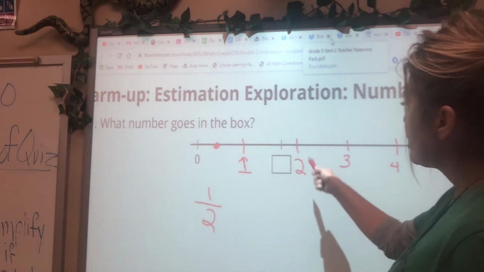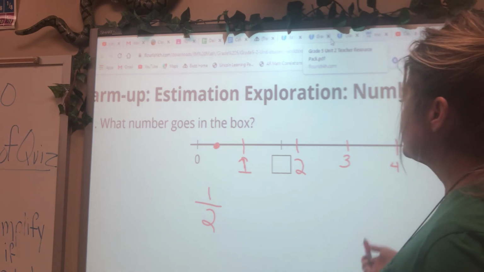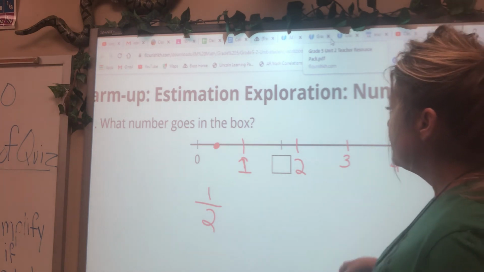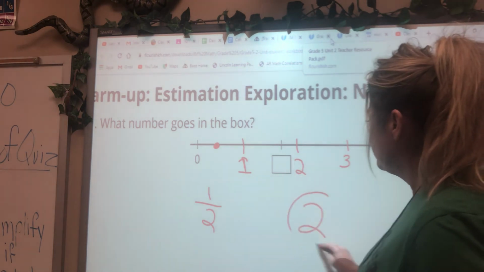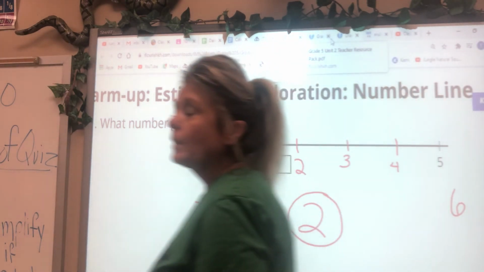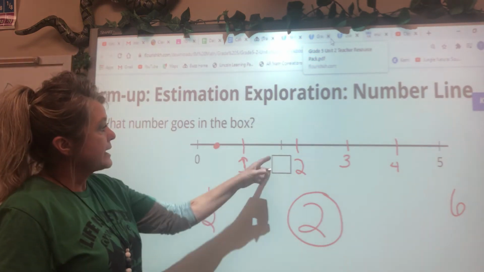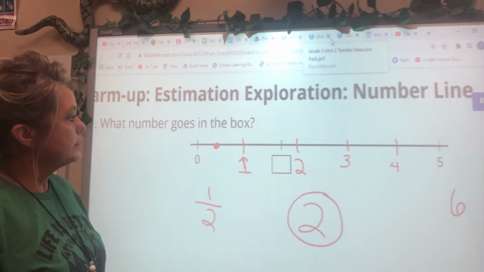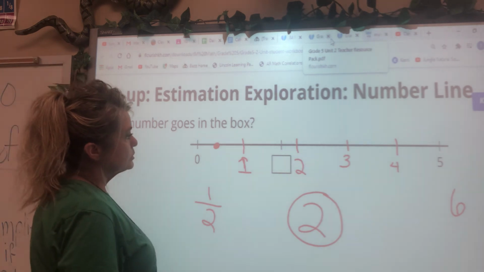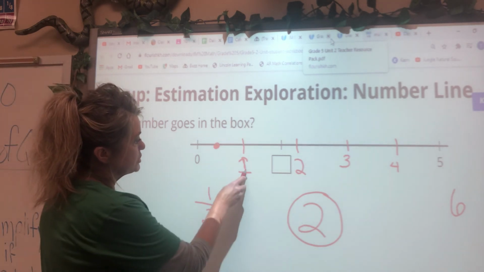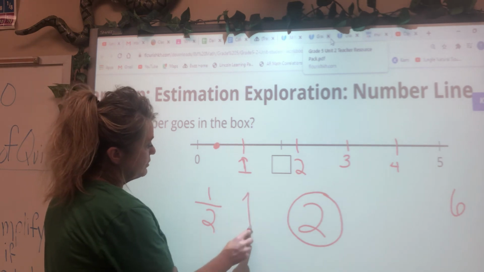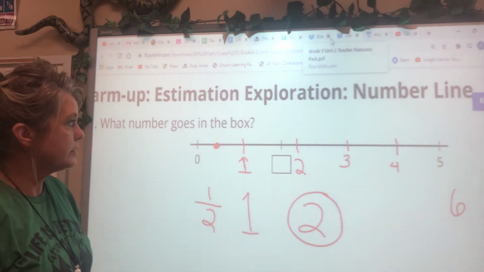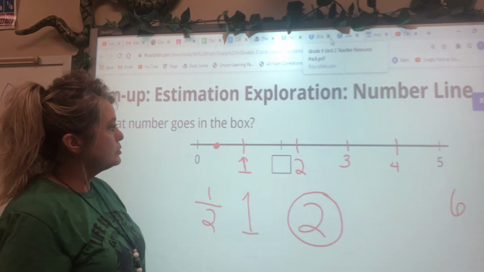So now that I've drawn my marks in between there, I know that about right would be 2. But when I look at it, it's not all the way up to a 2. So that's when we start thinking of it in fractions. We know it is past the 1. So we do know that it's at least 1. And then it's really close to our 1.